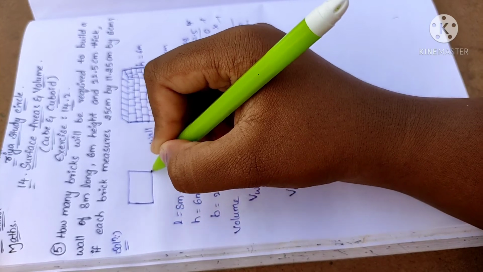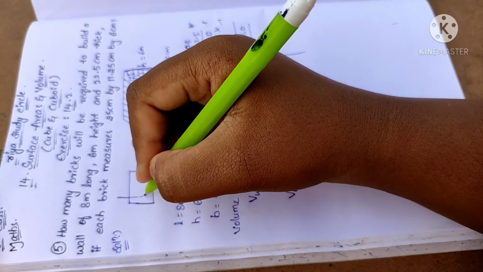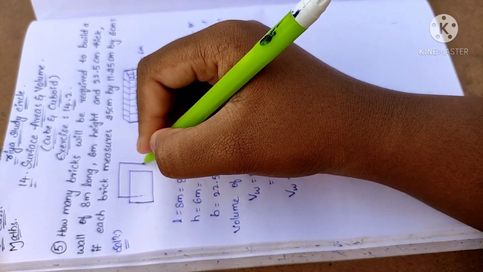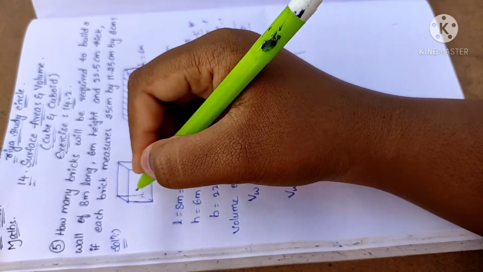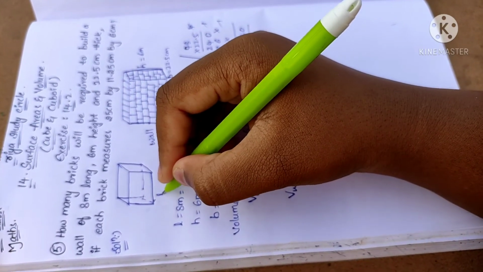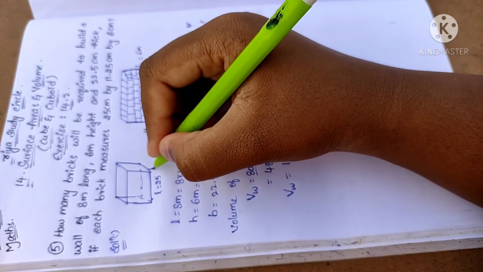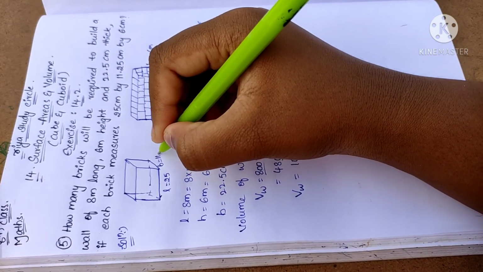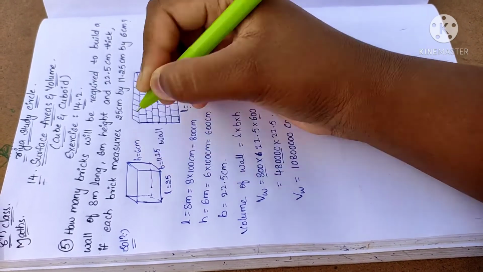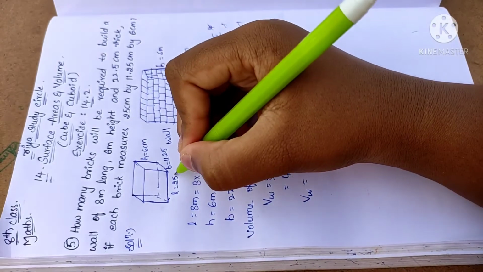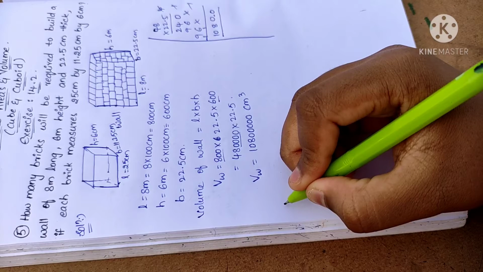Next, take a brick like this. If a brick like this, we have brick measurements. So here length equal to 25 centimeters, breadth 11.25 centimeters, and height is 6 centimeters. So here we have already all measurements in centimeters, so we need not translate anything.